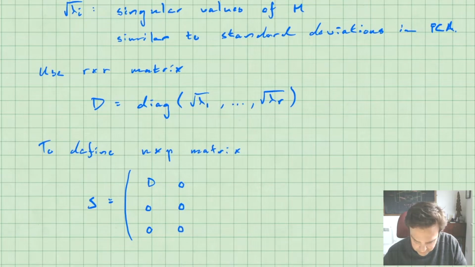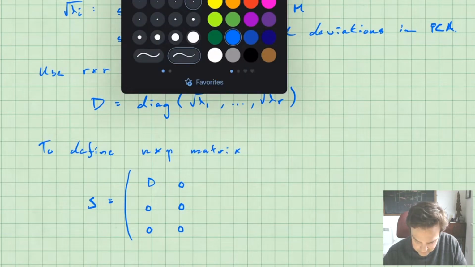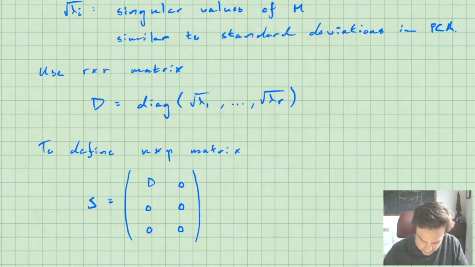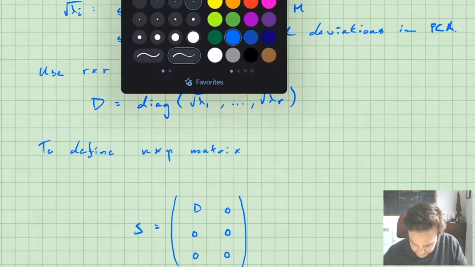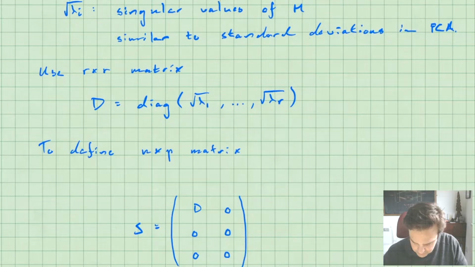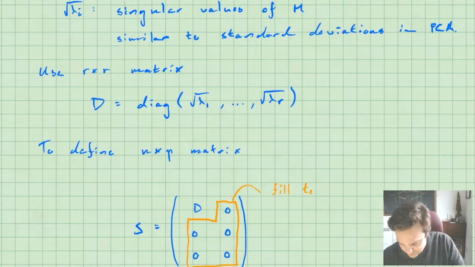But this is a schematic way of writing this. So let me move this like this. This is just a schematic way of saying that these fill the matrix up to the needed size, up to n by p.